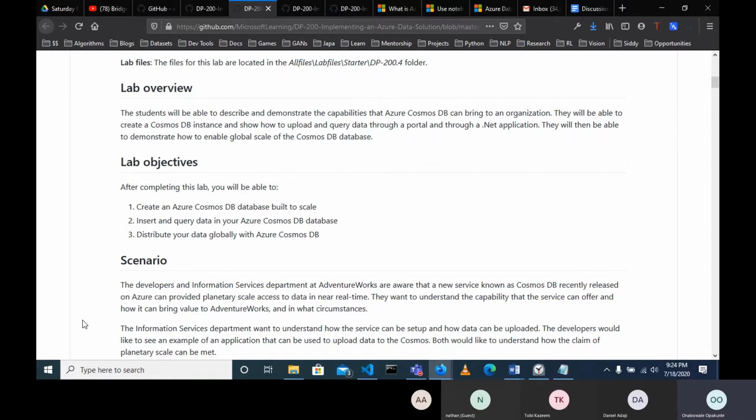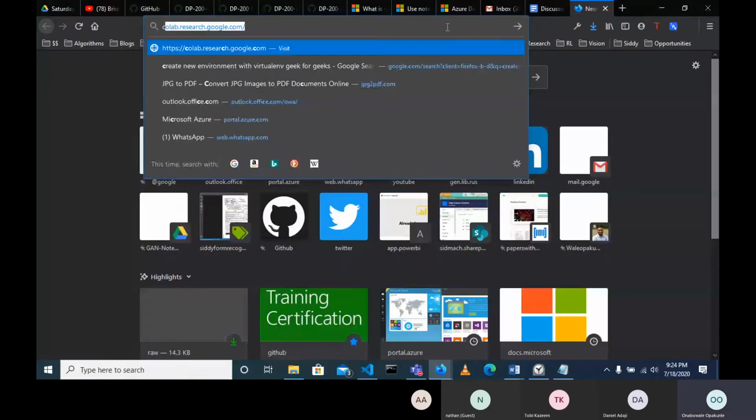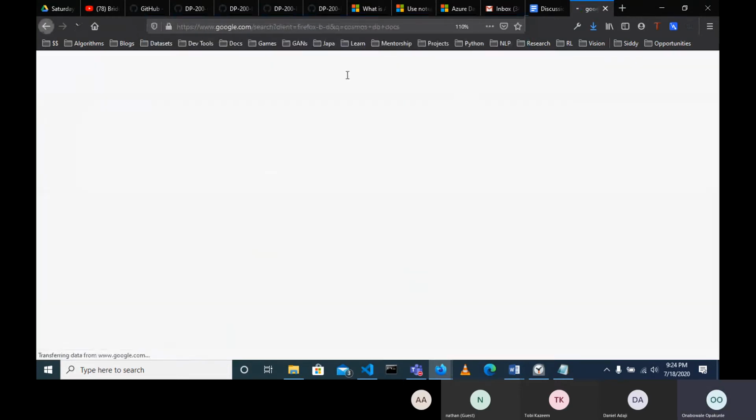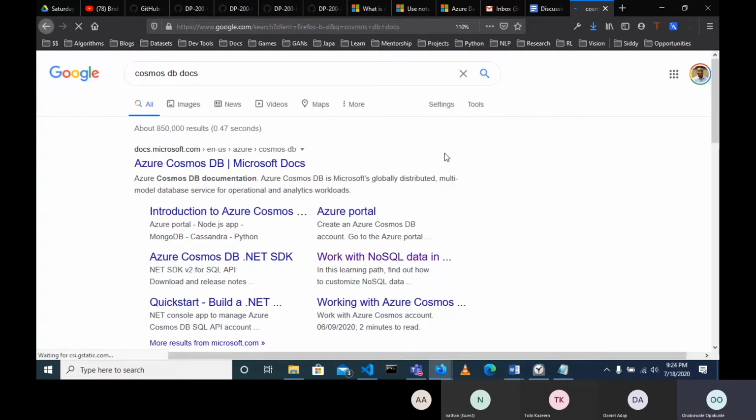Cosmos DB. Okay, so Cosmos DB is another really fascinating tool in the Azure chest. It's really amazing because it has a lot of APIs that you can connect with.